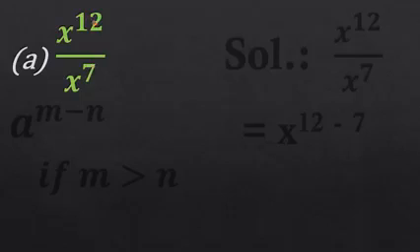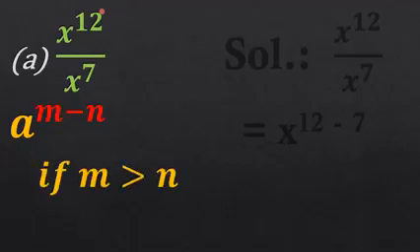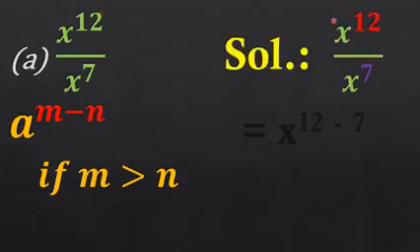That is obviously 12. So we will use the first condition, that is a raised to m minus n, if m is greater than n. So solution natin, we have, again, 12 is the value of our m, which is bigger compared sa exponent na 7, which is the value of your n. So gagamit tayo ng form na to.